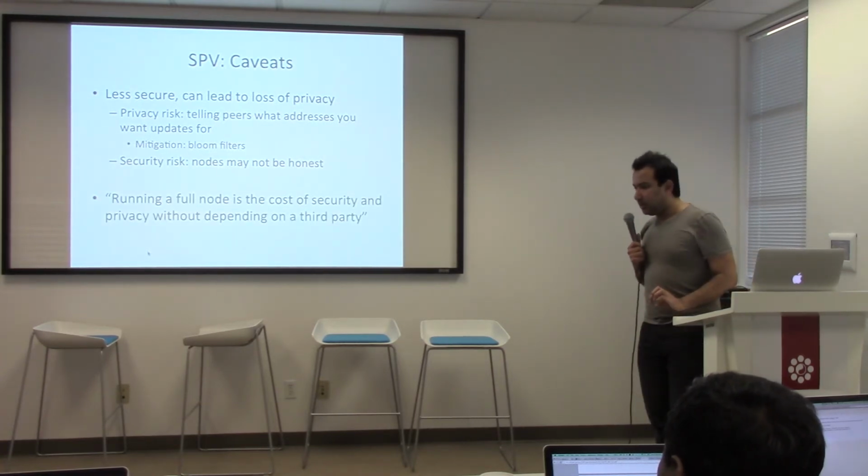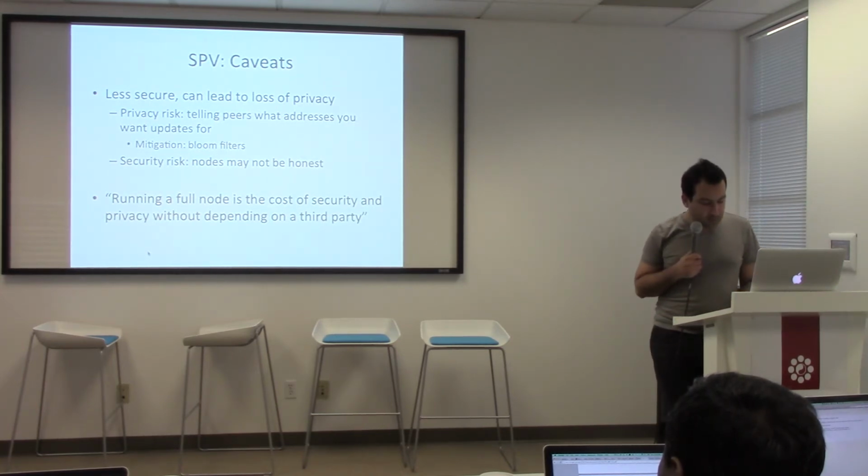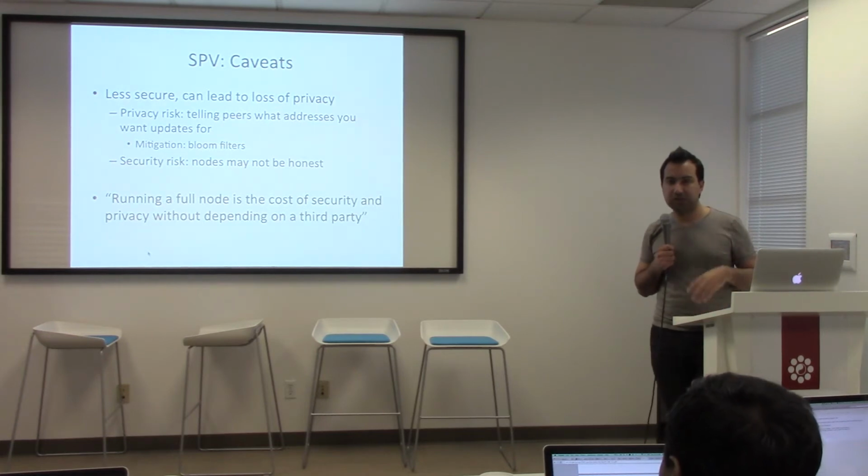At the end of the day, if you want privacy and security, your best bet is to use a full node. Don't go through a third-party service. If this is exactly what you're looking for and you have the chops to do this technically, you need to run a full node. That is the cost of your security and privacy, right?